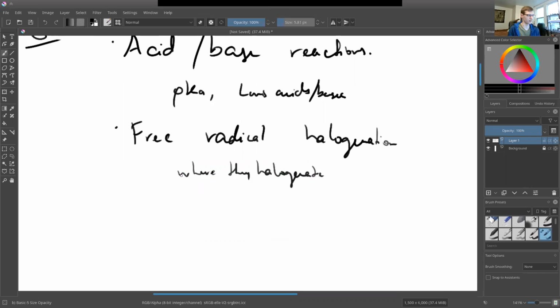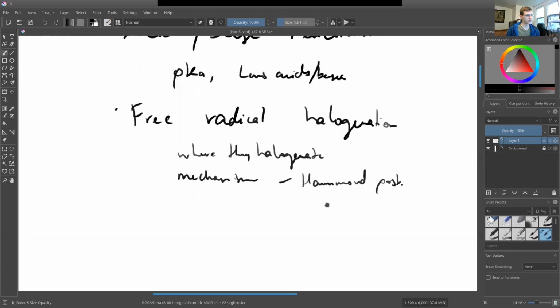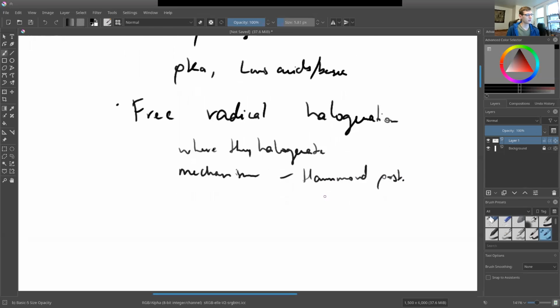We had to look at the mechanism, which in this case really came down to thinking about the Hammond postulate. Right? And these were kind of the main 2 things, right?